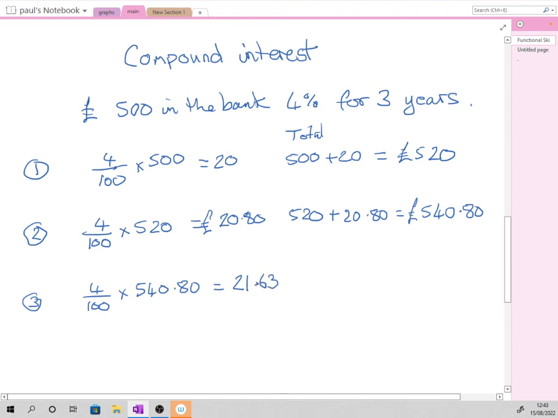I rounded that down. Yeah, you can round this to the nearest penny as you're going along. I'm sure the bank would always round it up. No, they would always round it down to diddle you out of something.